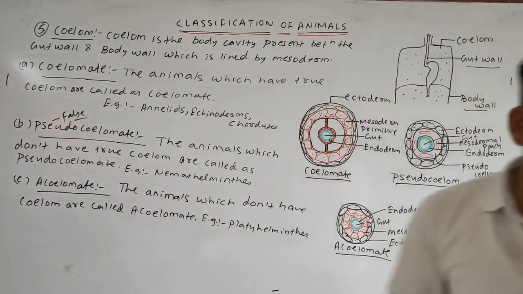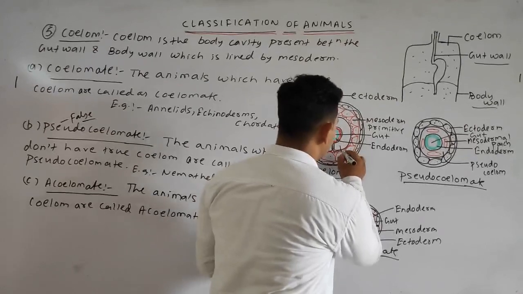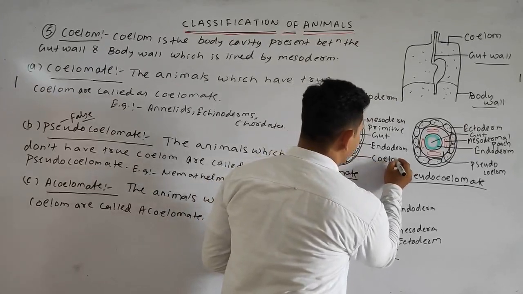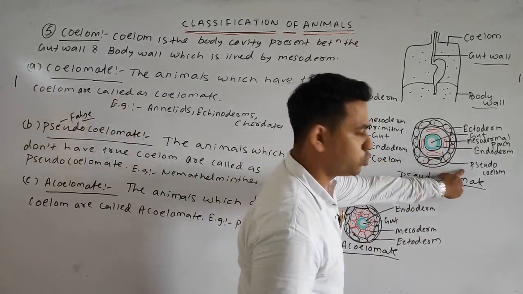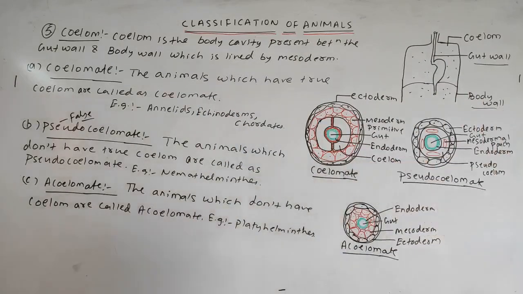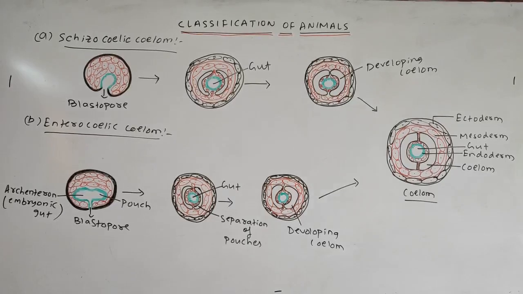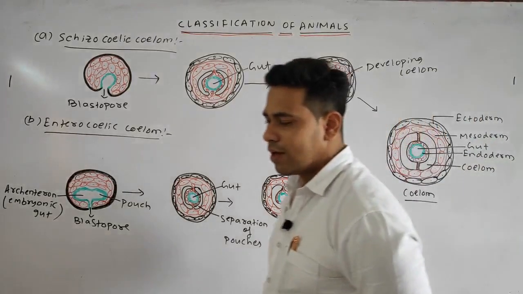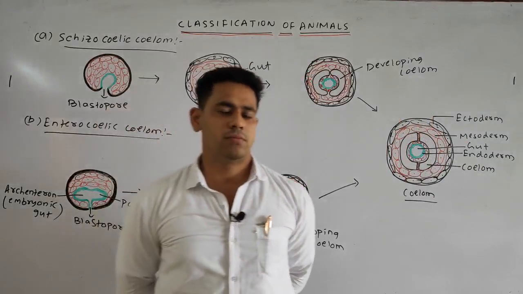Students, do one labeling here: this is the coelom. As we have done here, this one is pseudocoelom, this one is coelom. Just do one labeling. Students, next we will see how the coelom is developed.